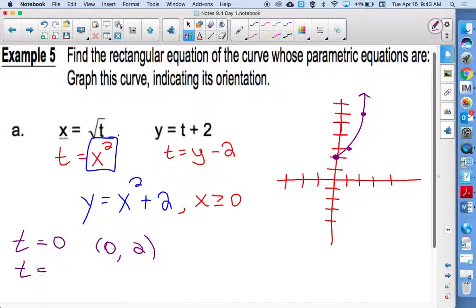I just need to plug in one other amount for time to get the direction, because once you have it from one point to the next, you know the direction of the curve. So if I plug in a 1, the square root of 1 is 1. My next point is 3. So that means the direction of this curve is moving how a traditional graph would move, from the left to the right. So plugging in two time values gets you the direction of the curve.